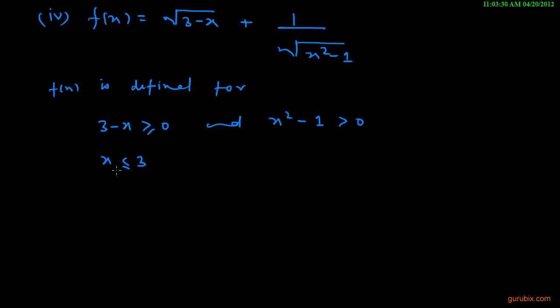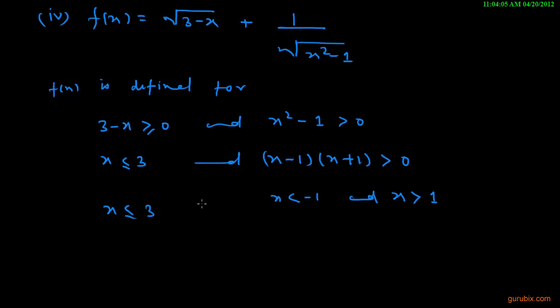This means x is less than or equal to 3 and x minus 1 into x plus 1 is greater than 0. And from here we get that x is less than -1 and x is greater than 1. And from here we get x is less than or equal to 3.